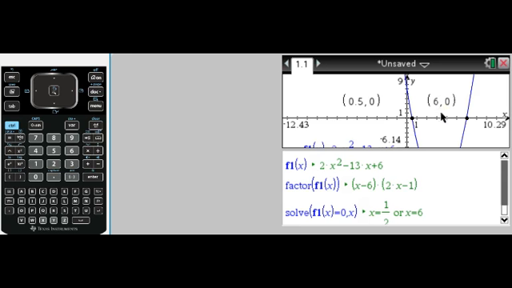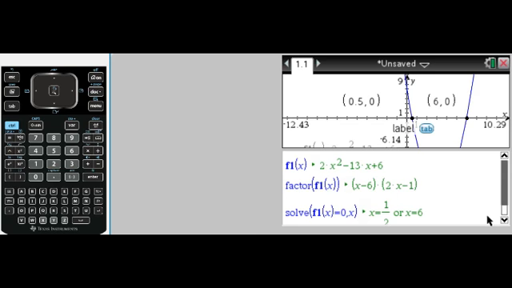Now the fact that this one is 6, you can see that x minus 6 is one of our factors, but this is giving us 1/2, and if we put x minus 1/2, when we do 1/2 times 6, we'll get 3, not 6. So we do need some manipulation in order to get the factored form.